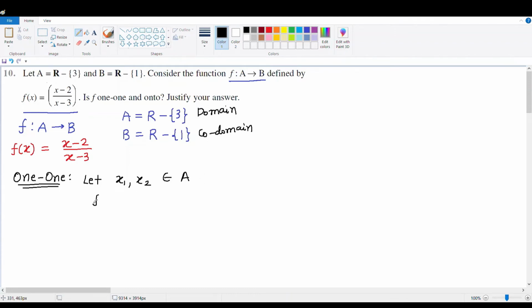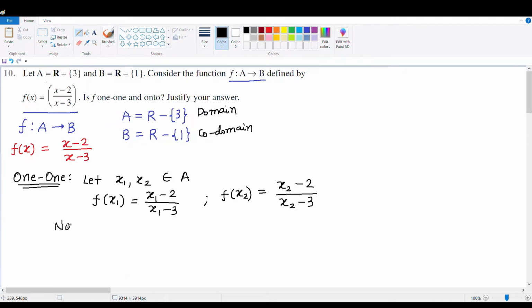So that means f of x1, right? Our function definition is this. So if we take f of x1, then it's going to become (x1 - 2)/(x1 - 3). And if we find f of x2, that is going to be (x2 - 2)/(x2 - 3).